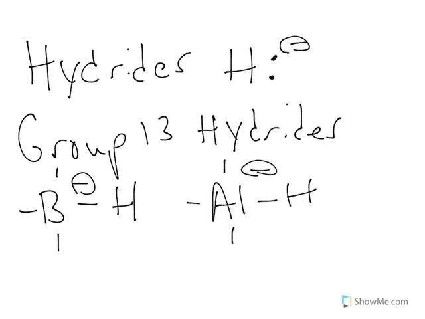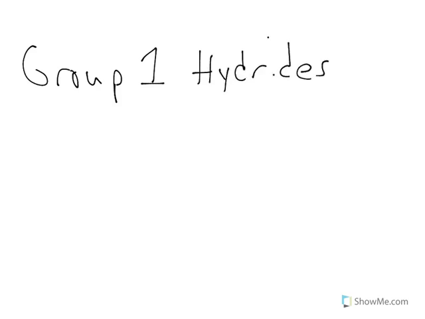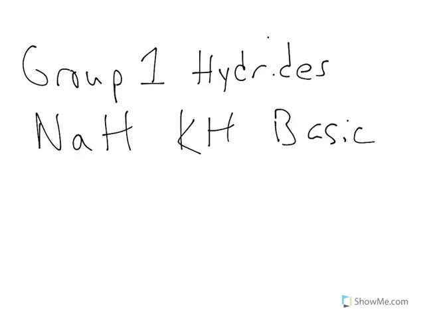The other hydrides we see are going to be group 1 hydrides, and these are hydrides attached to group 1 metals, such as potassium and sodium. These hydrides are what we consider basic hydrides.